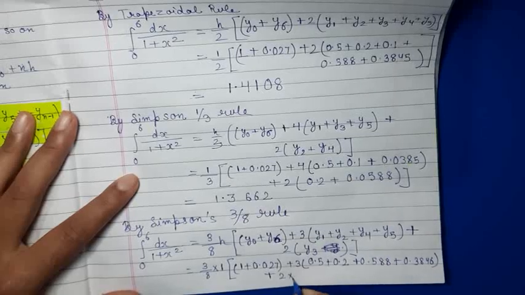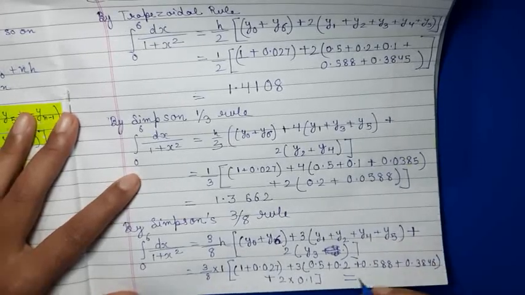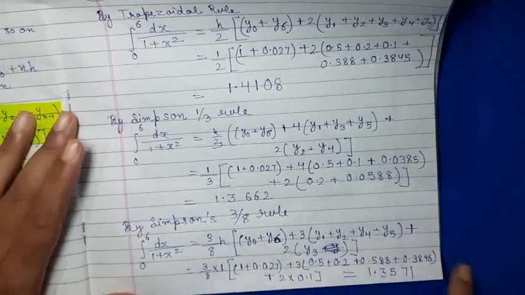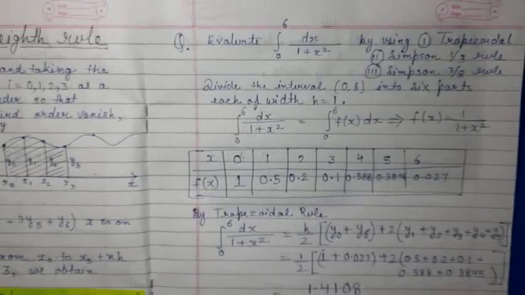Afterwards 2 into y3, which is 0.1. If you calculate all these, you will get the answer 1.3571. So this is the way to use Simpson's 1/3 rule, Simpson's 3 by 8 rule, and trapezoidal rule.